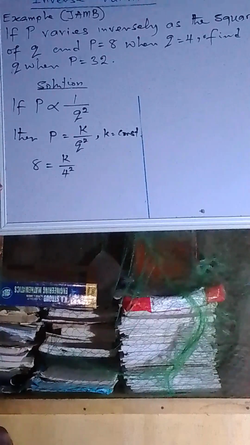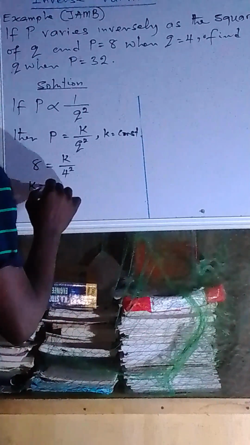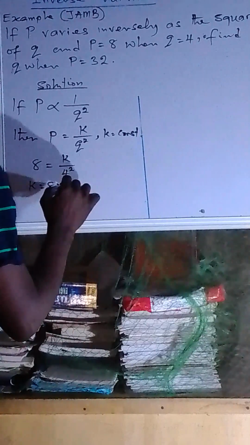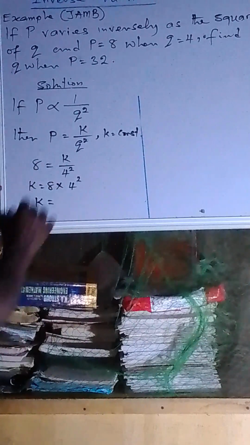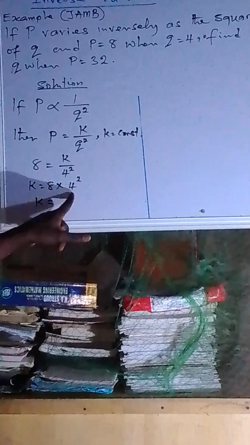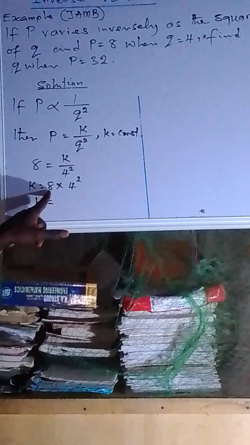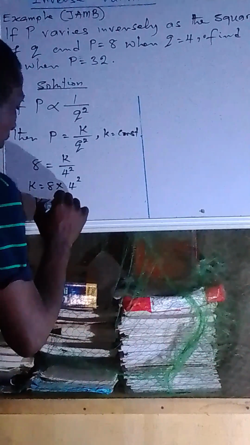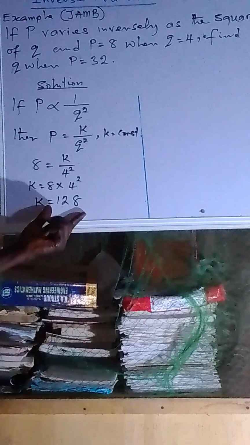From here, you cross multiply. You have K equals to 8 times 4 square. So K will give you what? 4 times 4 is 16. 16 times 8, that's 128. So we have 128. That's our proportionality constant.